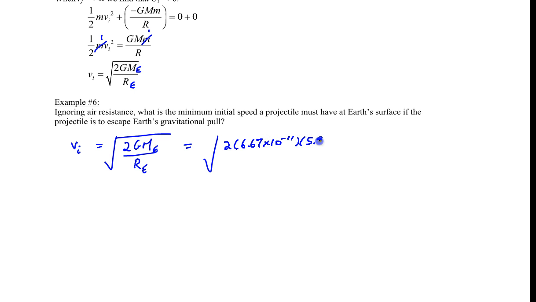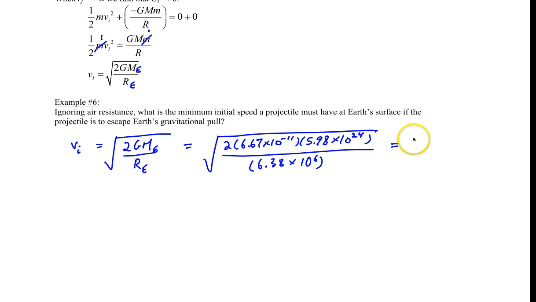The mass of the Earth is 5.98 times 10 to the power 24 kilograms, and the radius of the Earth is 6.38 times 10 to the power of 6 meters. When you substitute all that in there, you should get roughly 11,200 meters per second, so about 11.2 kilometers per second.